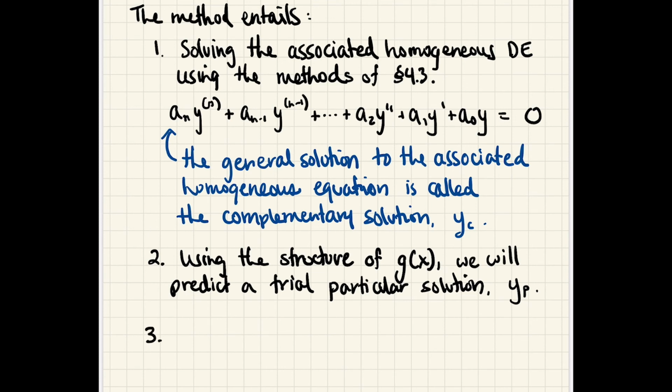All right, once we have determined that trial particular solution, then the general solution to the non-homogeneous linear nth order differential equation will simply be, by superposition, the sum of the complementary solution and that particular solution that we found.